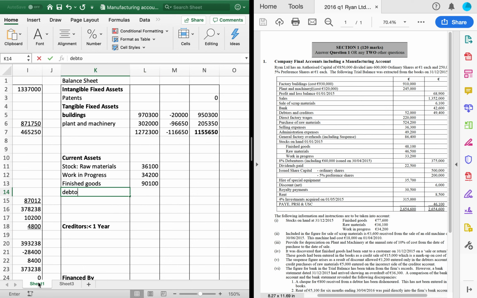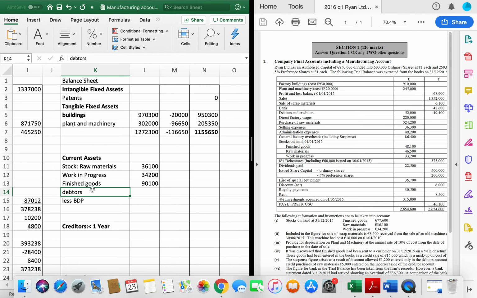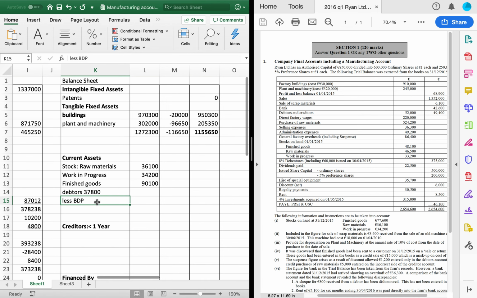Well, you have your usual ones, debtors less BDP. So debtors we know was 37.8, I think. And the BDP was 1512. And that's 36,288.